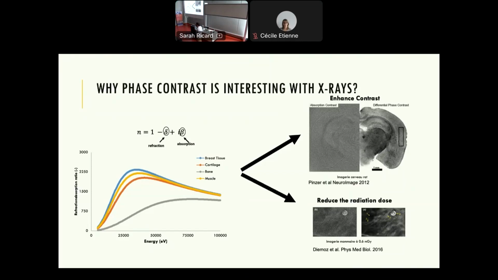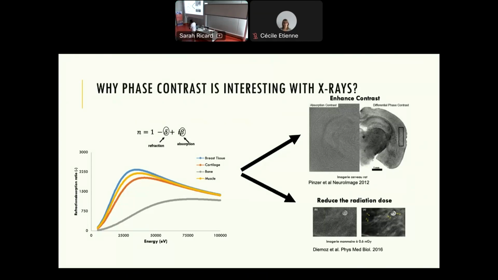What kind of quantitative information do you get from the better contrast? So with this index of refraction, as you have Hounsfield units for conventional X-ray CT, you can have refraction Hounsfield units, the delta, which is tabulated from knowing what atoms are there and so on.